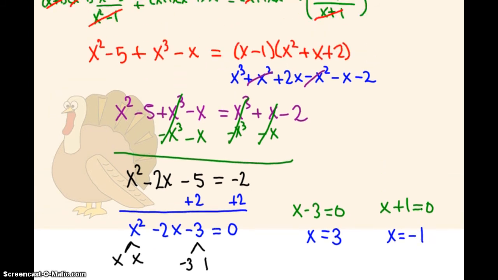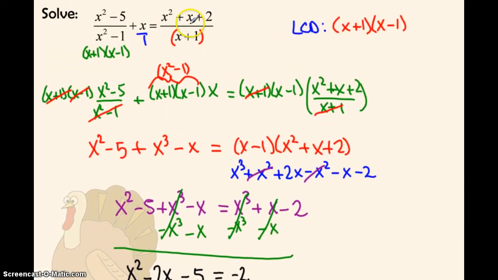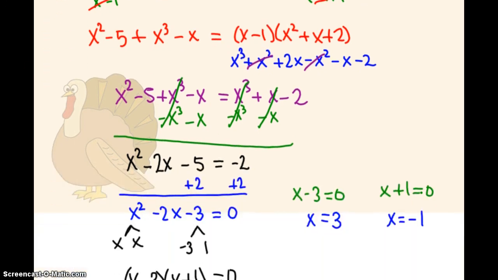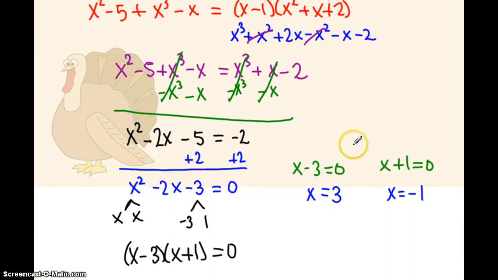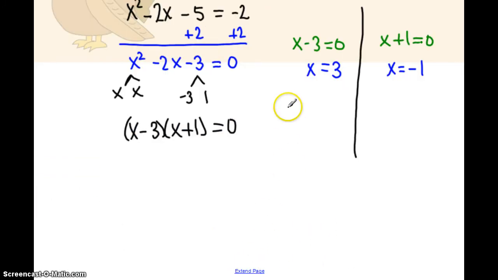So when I plug this back into my original equation, I want to do that for each of these. 3 and negative 1. So if I plug in 3 squared minus 5 over 3 squared minus 1 plus 3, checking to see if that equals 3 squared plus 3 plus 2 over 3 plus 1.